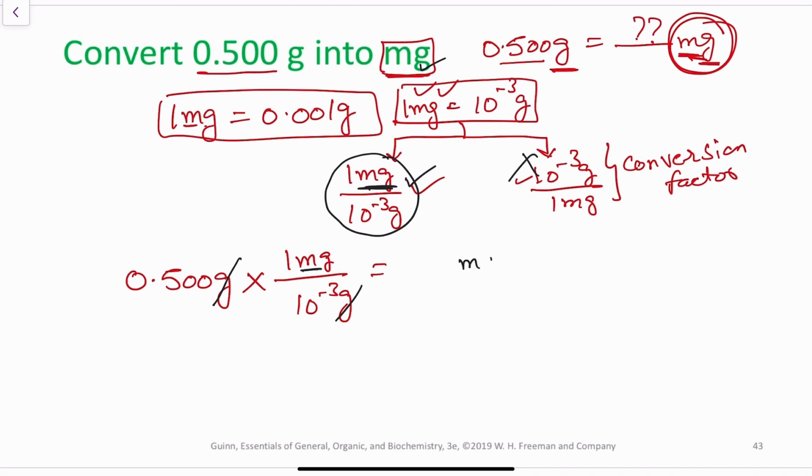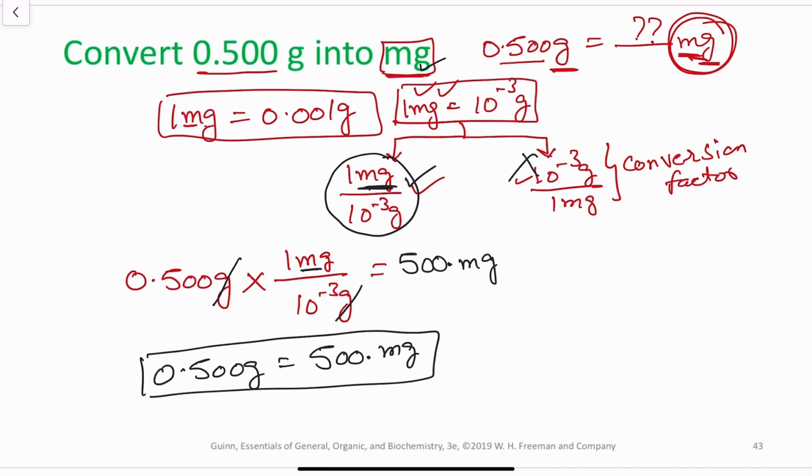So your answer will be in milligrams. If you solve this number, you're going to get 500 milligrams. So if I say 0.500 grams, that means I have 500 milligrams. Okay, so this is how you normally solve it.